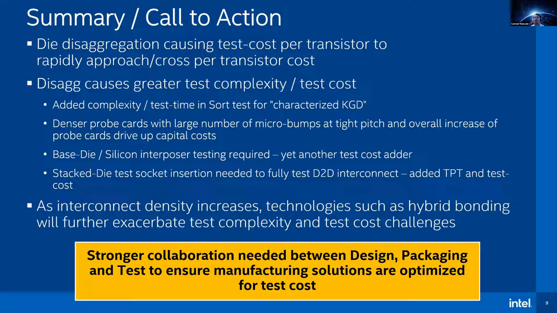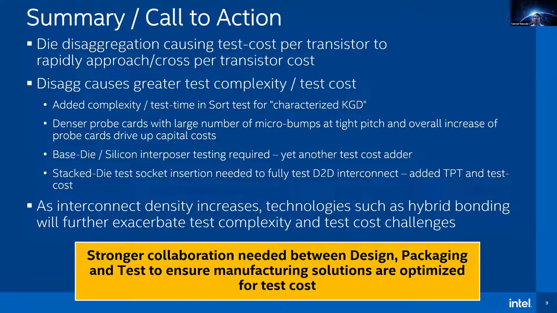So, call to action. Again, I think this is the theme this morning. We need stronger collaboration between our design, packaging, and test partners to ensure that we have optimized test solutions, optimized cost for manufacturing, because a lot of this is not in the forefront when these kinds of architectures are put together.